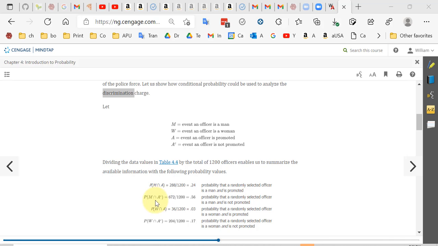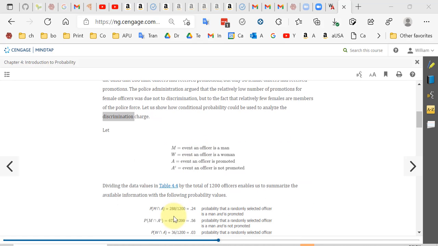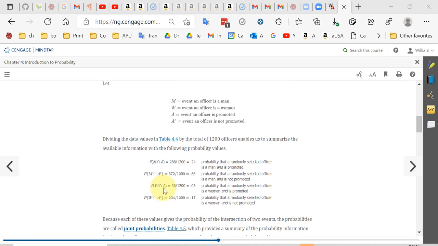That means a man who is not promoted, or a male and not promoted. Male intersect not promoted. So where are they? These are the men that were not promoted, 672. So the probability of that is 672 out of 1,200. And then we have women and promoted and women and not promoted, and we get these numbers here.